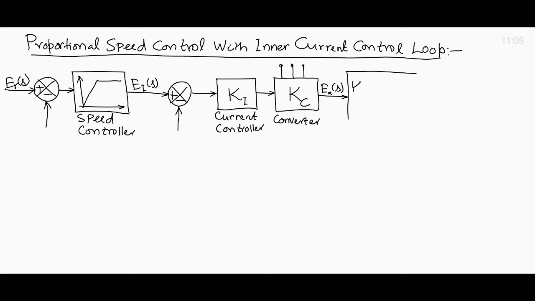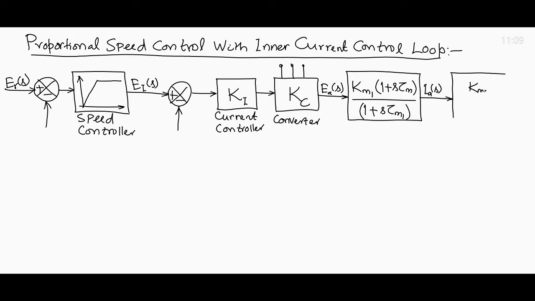Then the transfer function is Km1 into 1 plus S tau m divided by 1 plus S tau m1, with applied voltage VAS as input. Output is IAS. Then we have another block whose gain is Km2 divided by 1 plus S tau m, and the output of this block is the speed Ns.